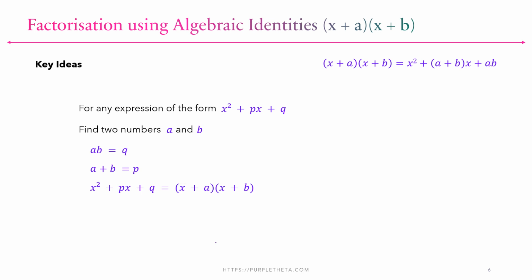So that x square plus px plus q will be x plus a multiplied by x plus b. Right? This method is one of the most useful techniques in algebraic factorization, especially when the expression is not a perfect square.